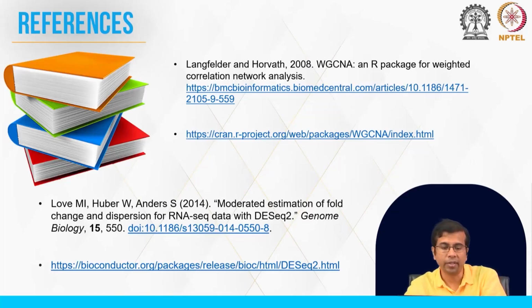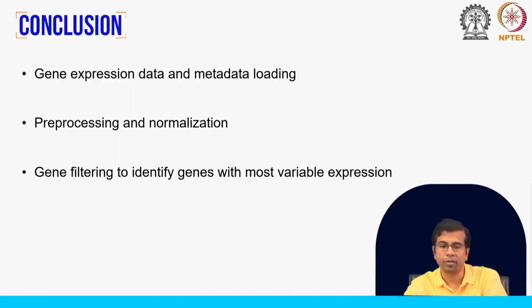So, here are the references for some of the packages that we used. Just to summarize, we have loaded the data, and we have also used the metadata for our analysis, right. So, we have defined metadata here, and then we have done some pre-processing and normalization.